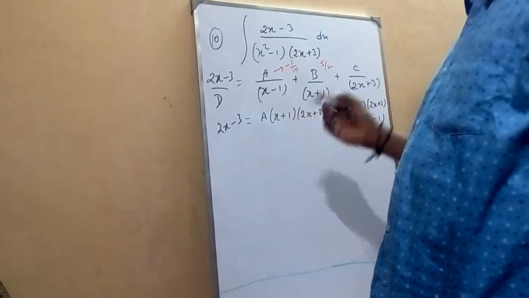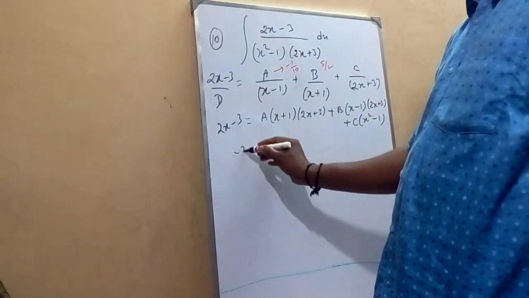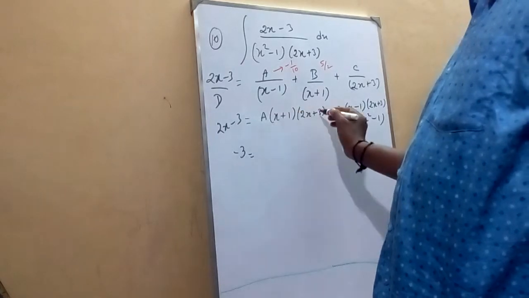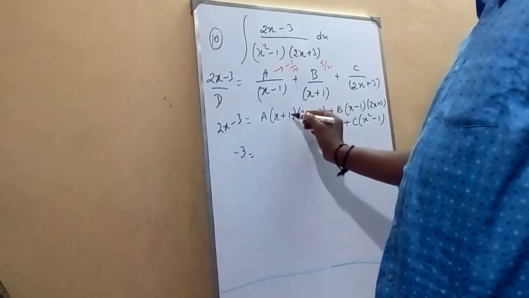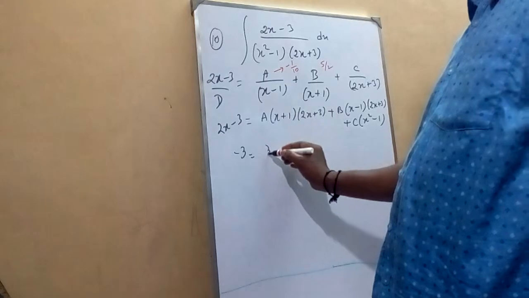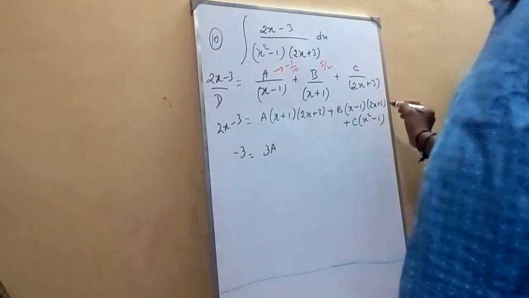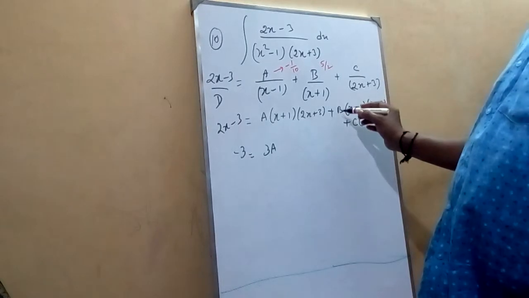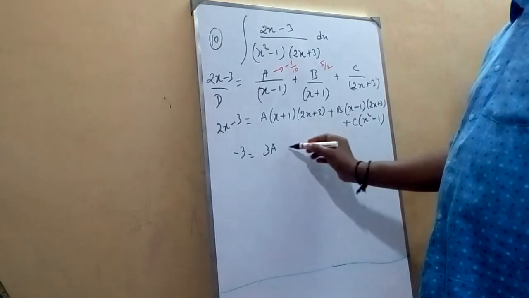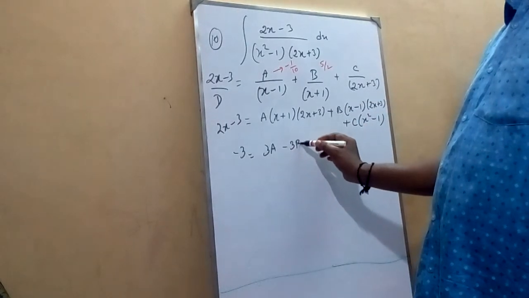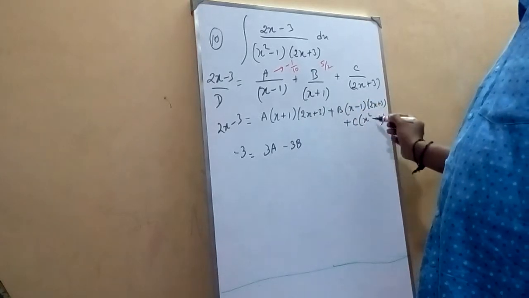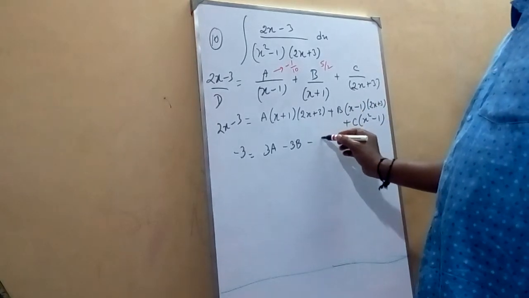I am applying it like this, comparing constants. Minus 3 equals A into 1 into 3, so plus 3A. Next, B: minus 1 into B is minus B, plus 3, so minus 3B. Then minus C.